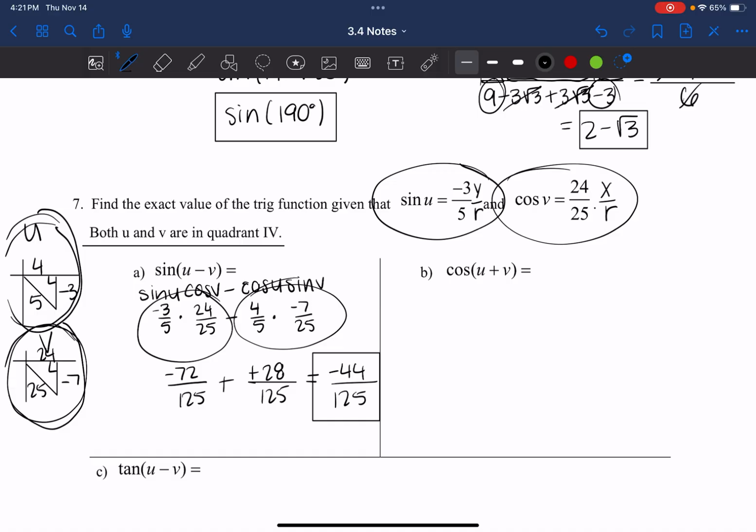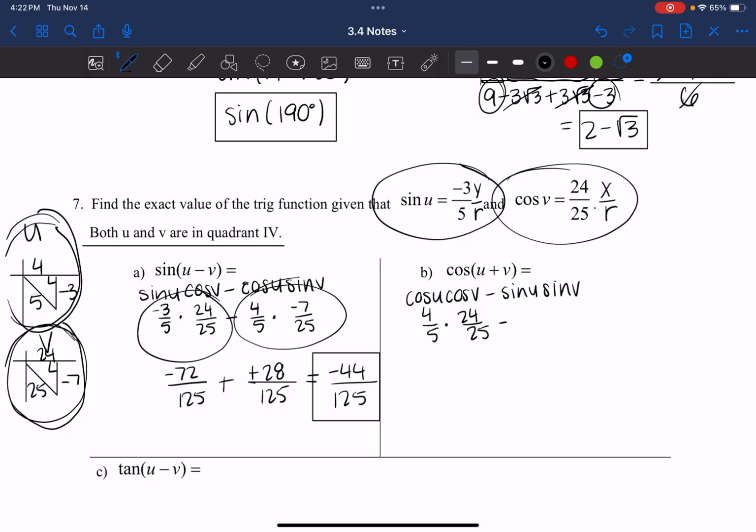All right, for cosine of u plus v, this would be cosine u cosine v minus sine u sine v. Well, we already know all these values. Cosine of u, coming from that first triangle, is 4 over 5. Cosine v from our second triangle is 24 over 25.